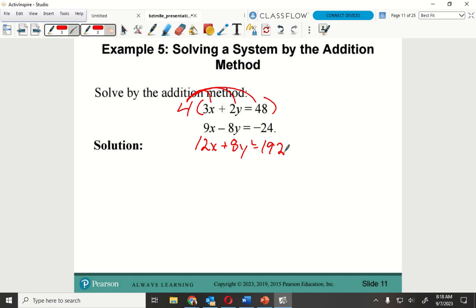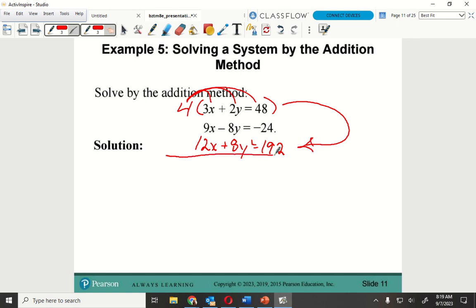Check my work on that, please. You guys got calculators in front of you. 4 times 48? 192. Okay, good. All right, so now that I did that, I'm not going to use this top one anymore because this top one is now this one down here.